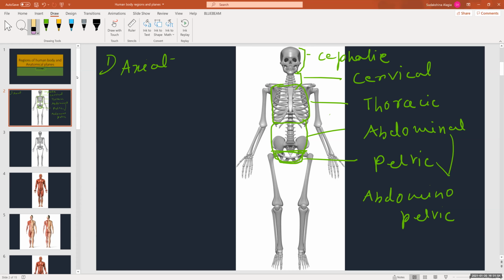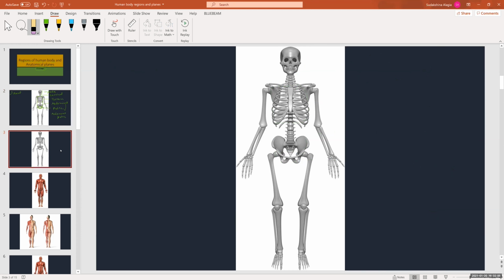Okay, now let's take that forward. Let's look at what the subregions of the cephalic are. So just cephalic is what we are looking at.